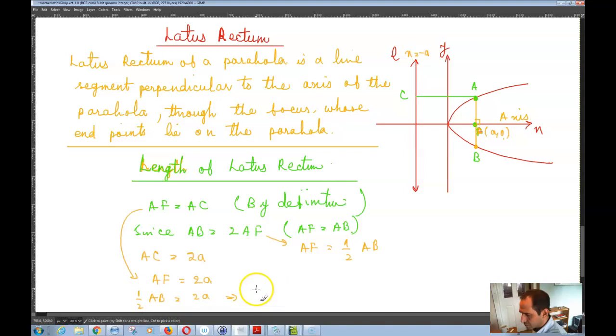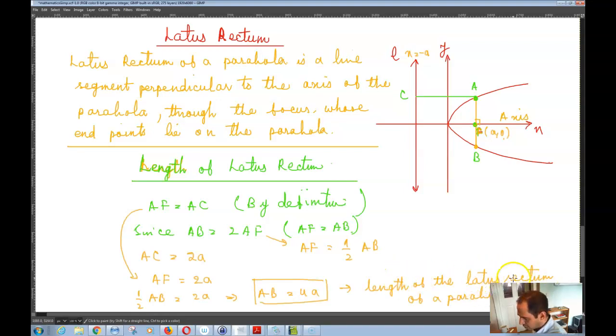That means that AB is equal to 4a. And that is the length of the Latus Rectum of a parabola.